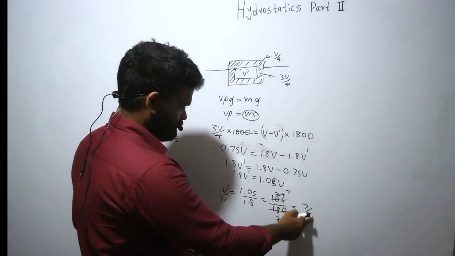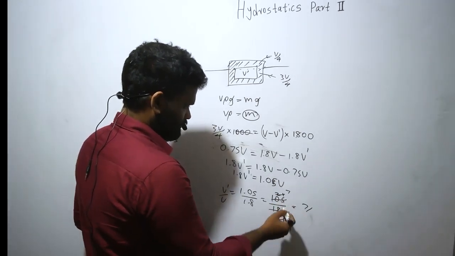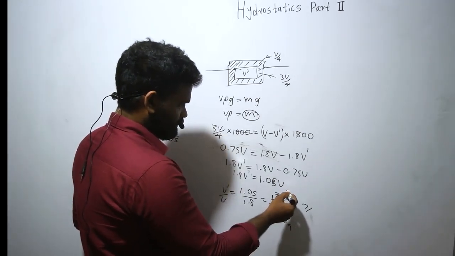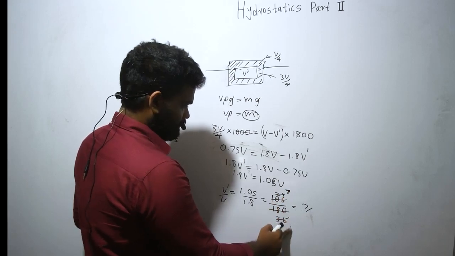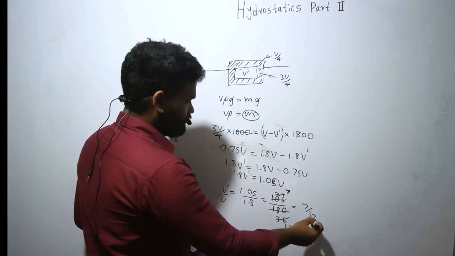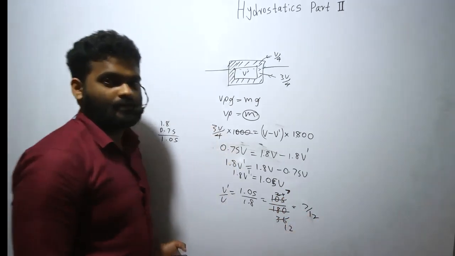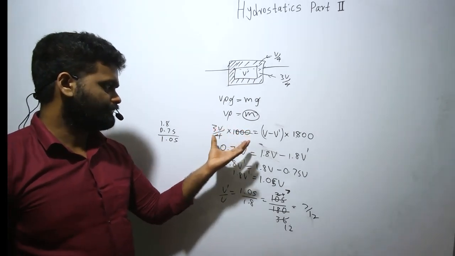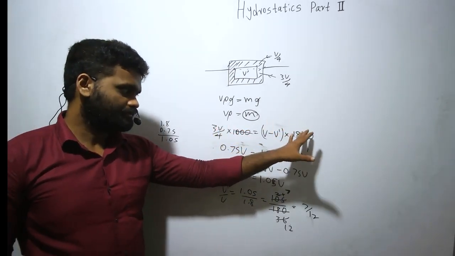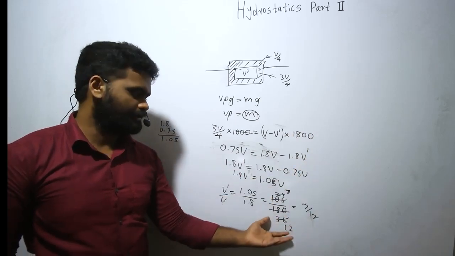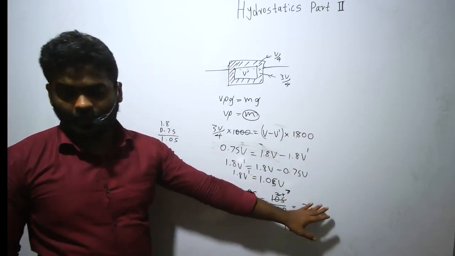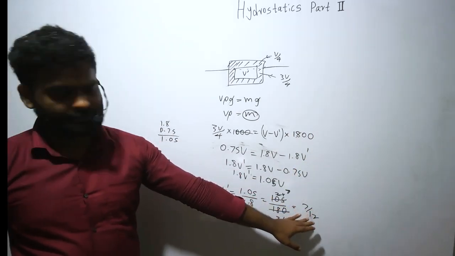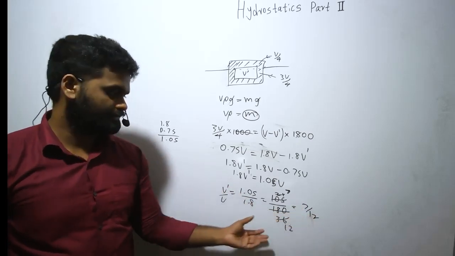If you divide by 3, you get 7 over 12. It's better if you just kept the fractions only, then the calculations won't get this complicated. Anyway, the answer there is 7 over 12, right?